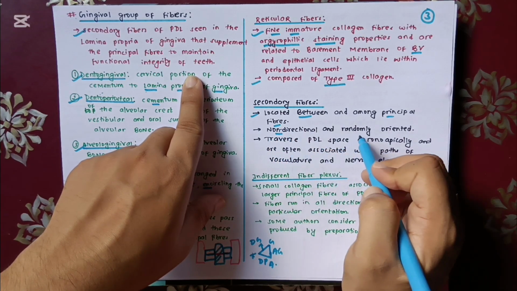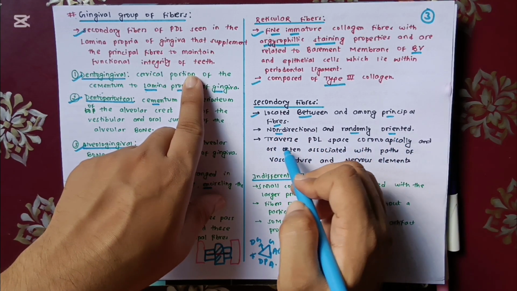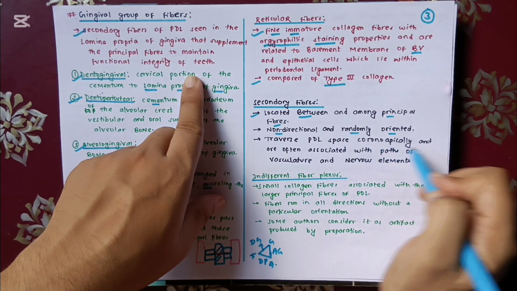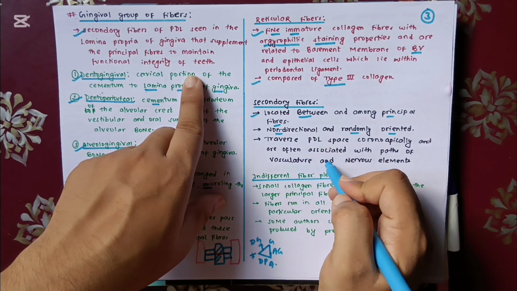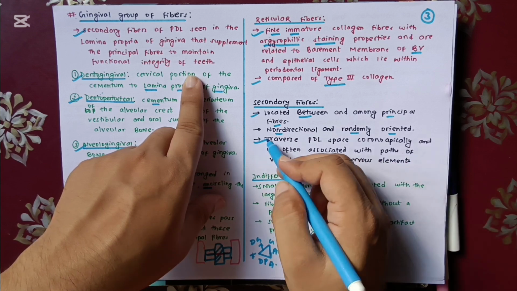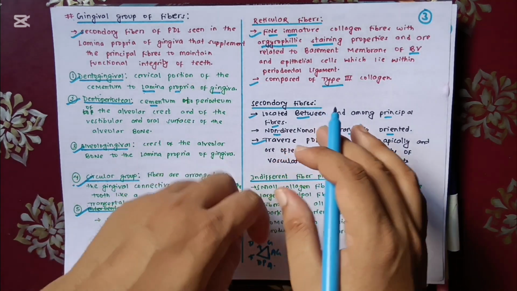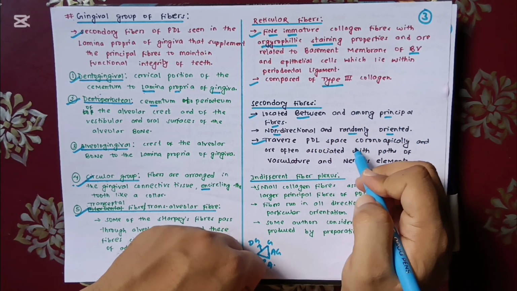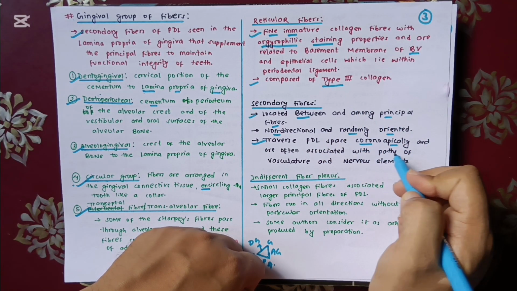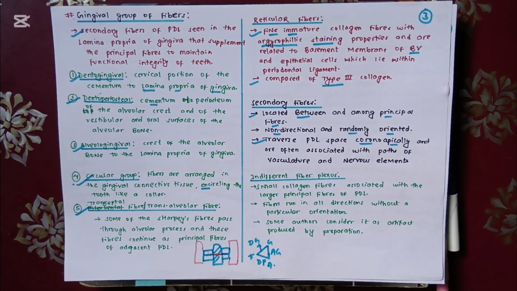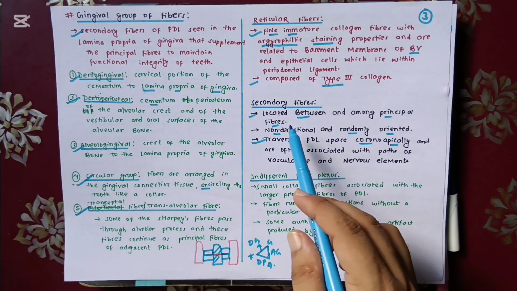They are non-directional and randomly oriented, and traverse the periodontal space coronoapically, mostly coronoapically, and are often associated with the paths of the blood vessels and nervous tissue. So that is the secondary fibers.